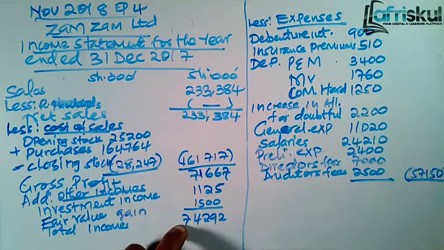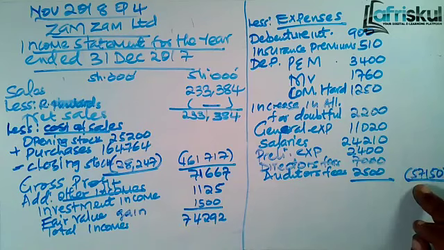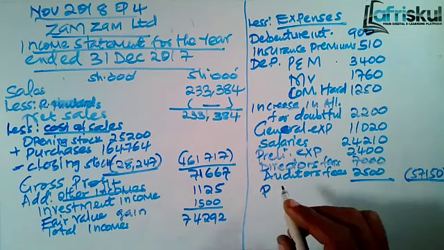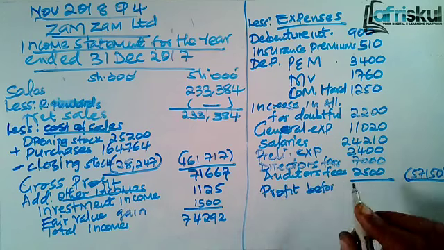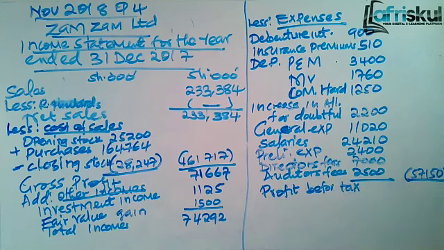So I will take this income, less these total expenses, and by that I will get the profit before tax.